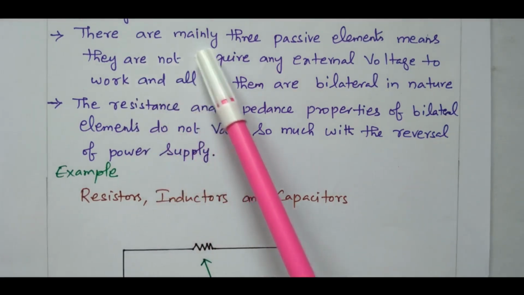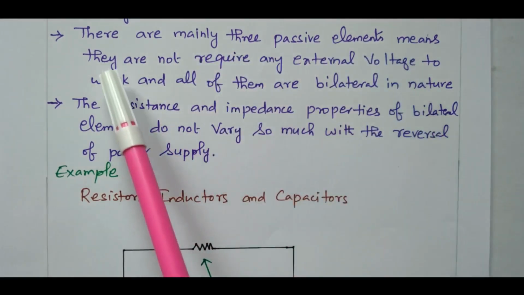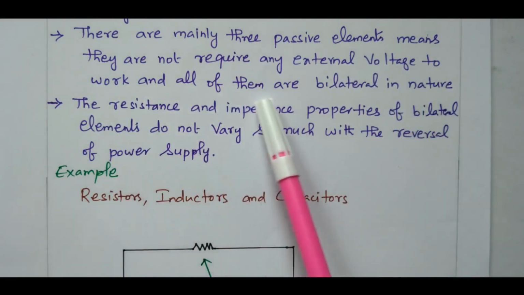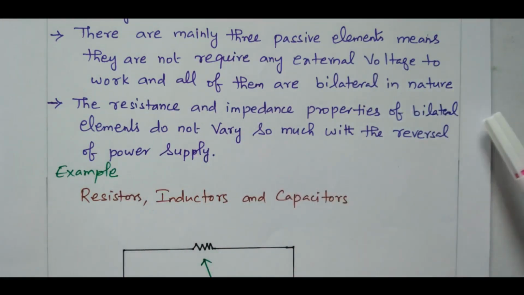There are mainly three passive elements, which means they do not require any external voltage to work, and all of them are bilateral in nature. Basically the three passive elements are the resistor, inductor and capacitor. No external source is required.